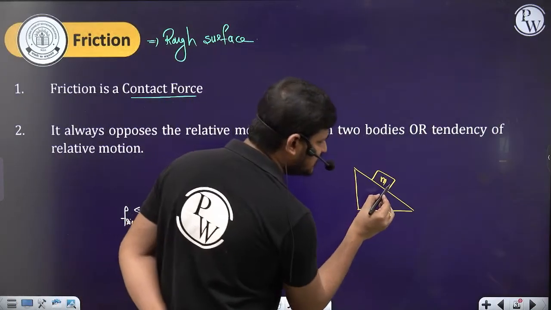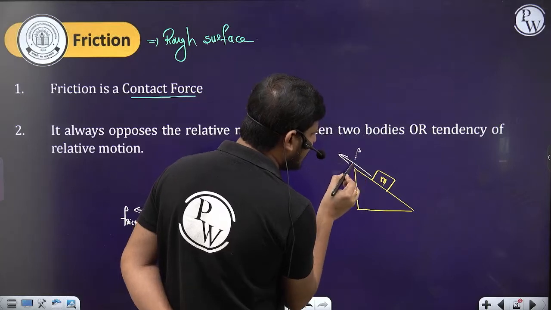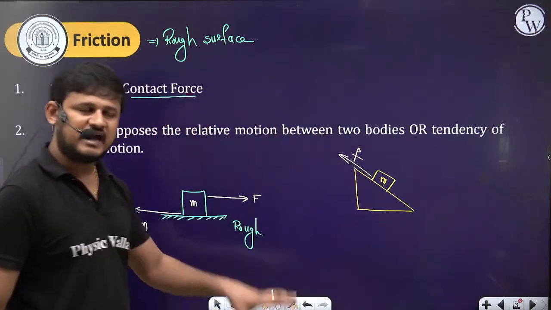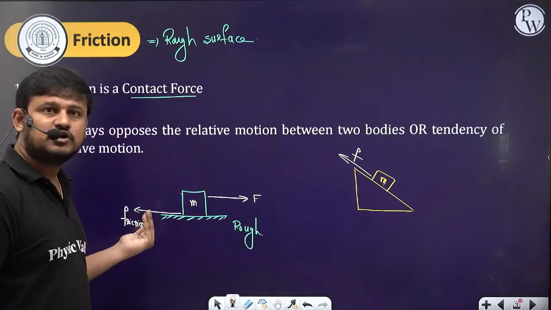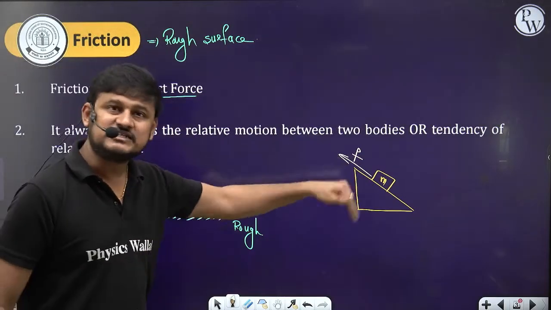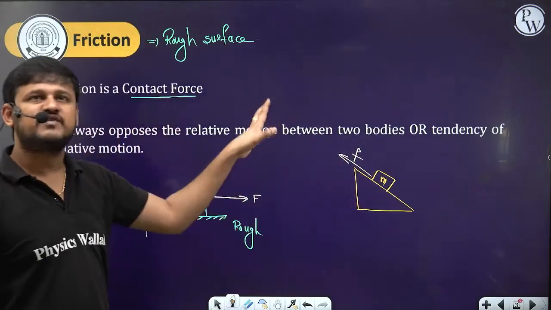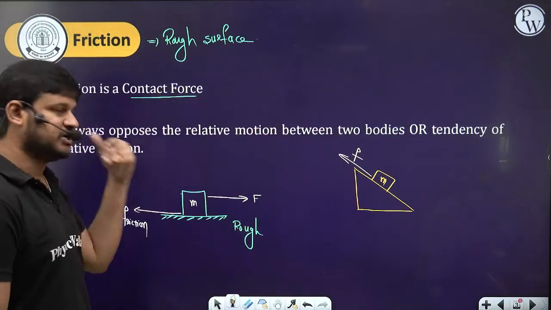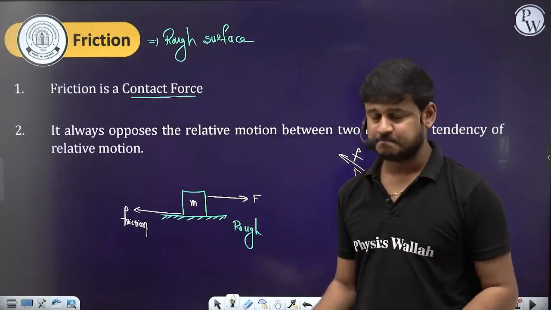The object may move this side, so the friction will act this side. If the object is actually moving, friction opposes the relative motion. If the object is not moving but tends to move, then also the friction opposes the tendency of that relative motion. Clear? This is a basic thing, right?